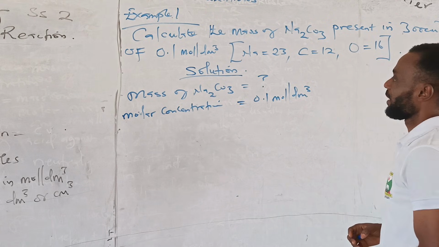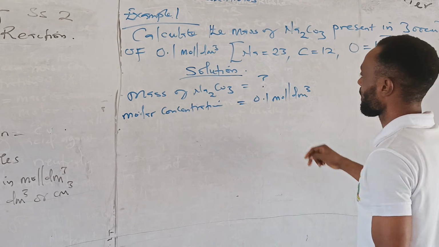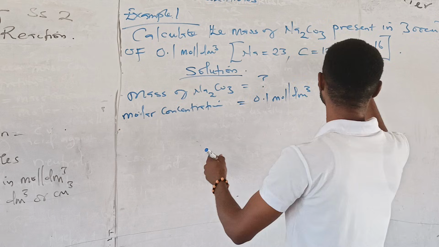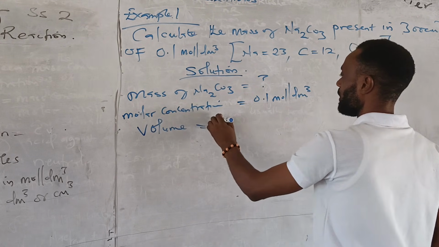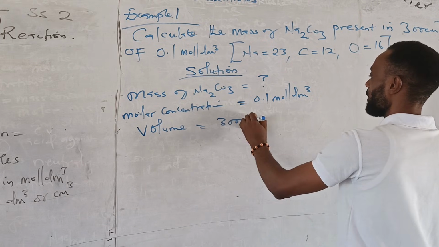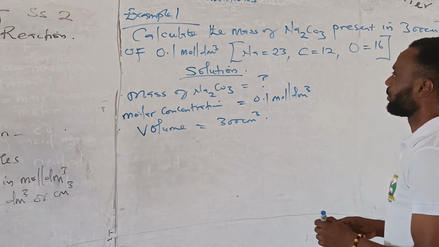And in this same question, we are given volume to be 300 cm cube.